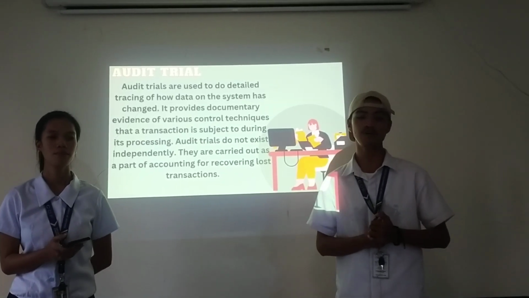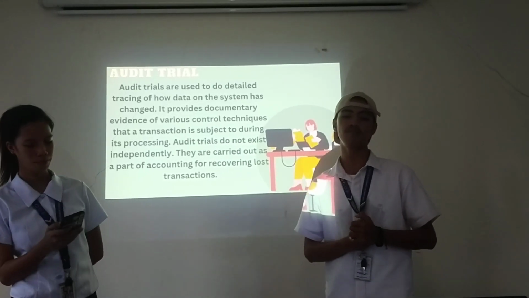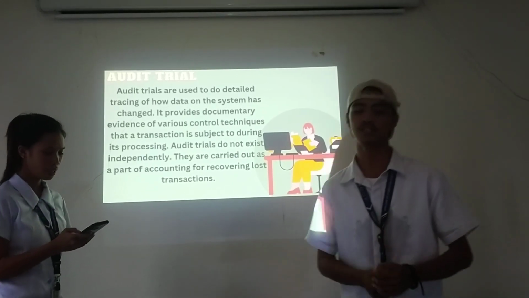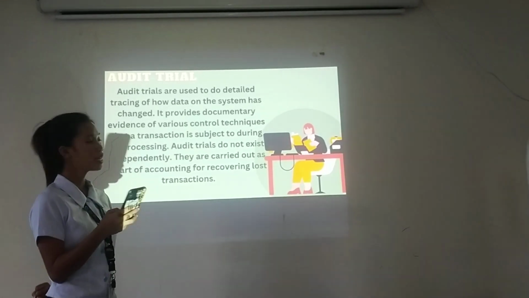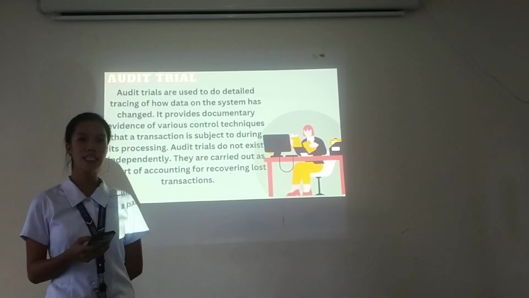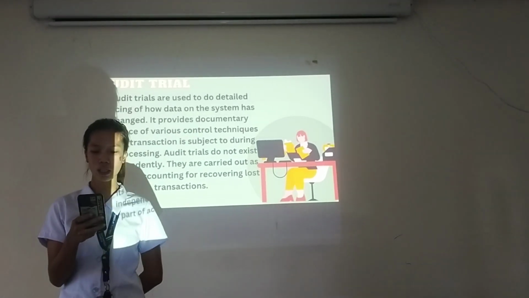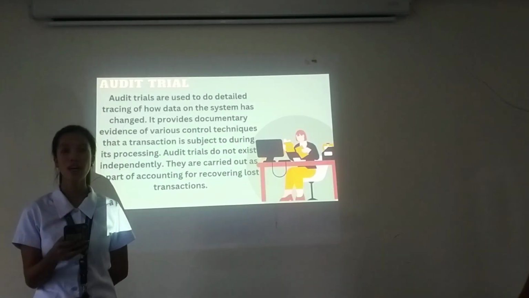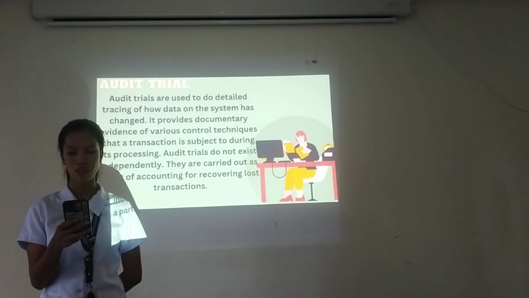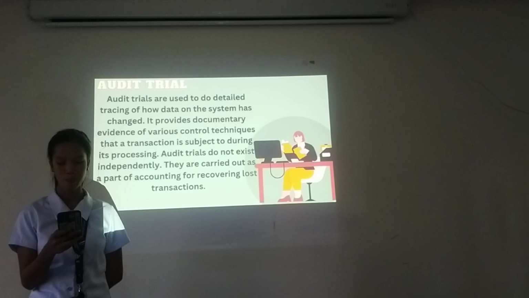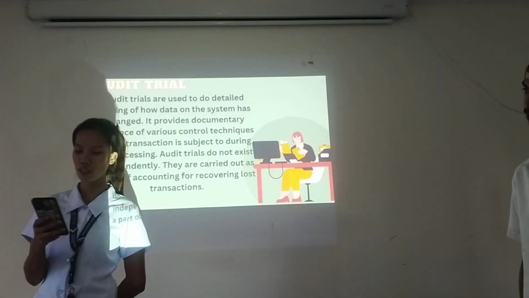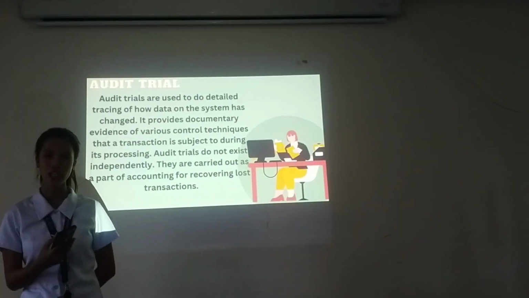They are carried out as part of accounting of recovering lost transactions. In audit trail, a step-by-step record by which accounting, trade details, or other financial data can be traced to their source. Audit trails are used to verify and track many types of transactions, including accounting transactions and trades and brokerage accounts.